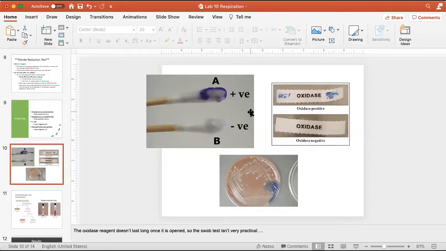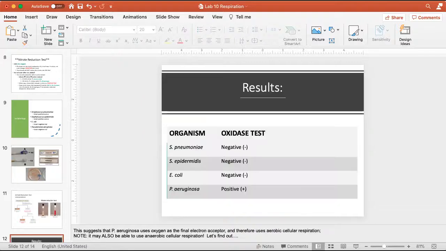So that's an interesting fact about the Pseudomonas organism. Pseudomonas aeruginosa is oxidase positive. Remember what that means. That means that this organism uses the type C cytochrome in its electron transport chain. How do I know? Because what this test is testing for is the enzyme called cytochrome C oxidase.